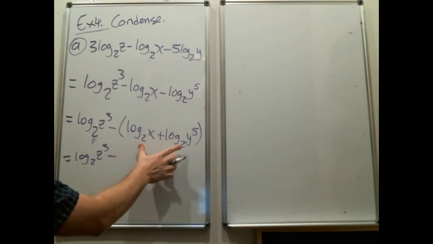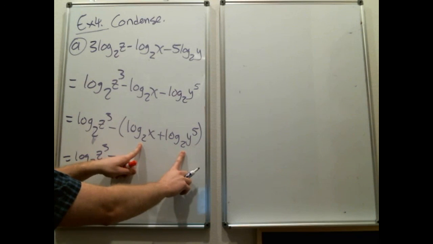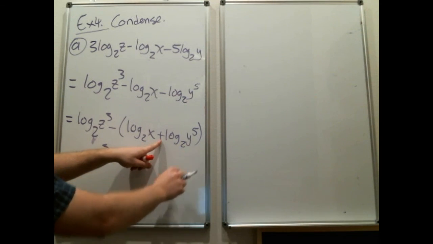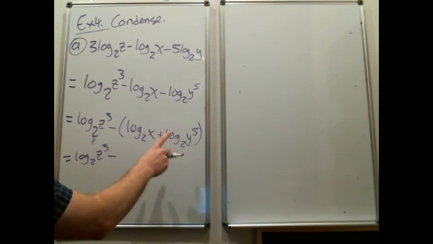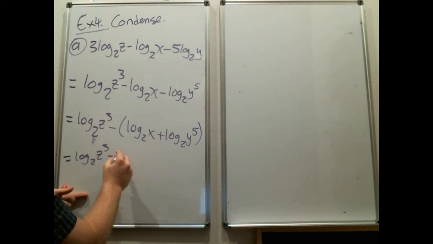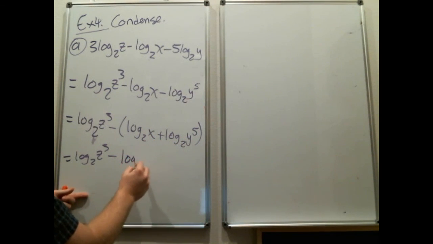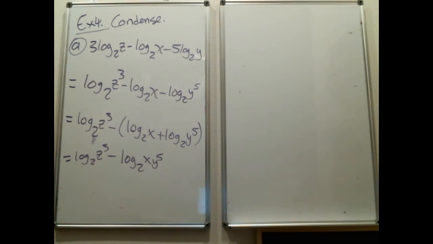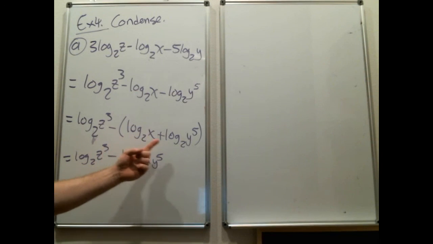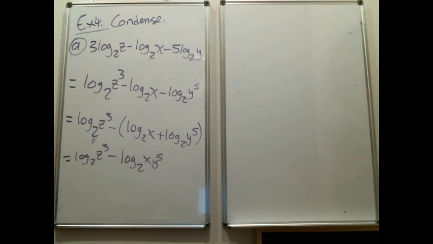Minus then, so we have logs with the same base and we're adding them together. That means we can write them as a single log multiplying these two together. So you get log base 2 of x times y to the 5th. It's very important that you make sure these two logs have the same base when you apply these properties.